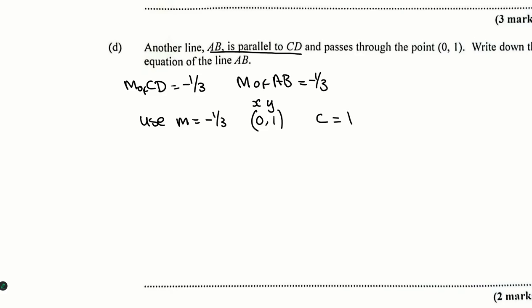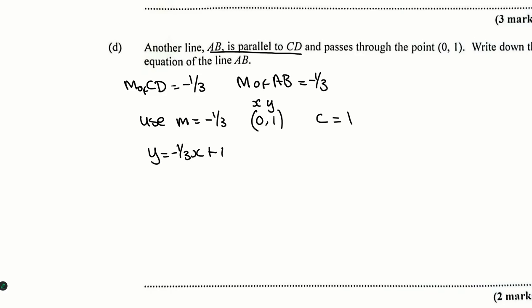So instead of going through the way that we did in the previous question, they already told you that the line AB is intersecting your y-axis at 1. Again, c is your y-intercept. So we know that y would be negative a third x plus 1. And that should be your answer.